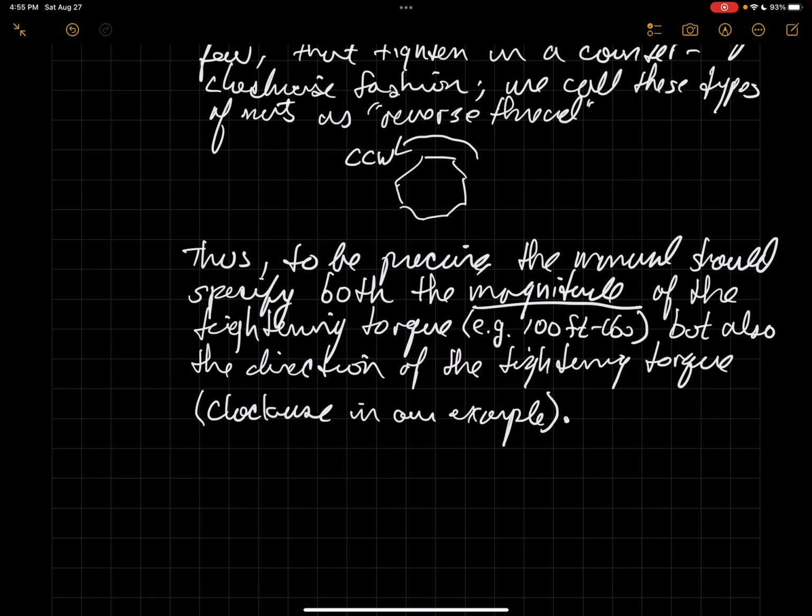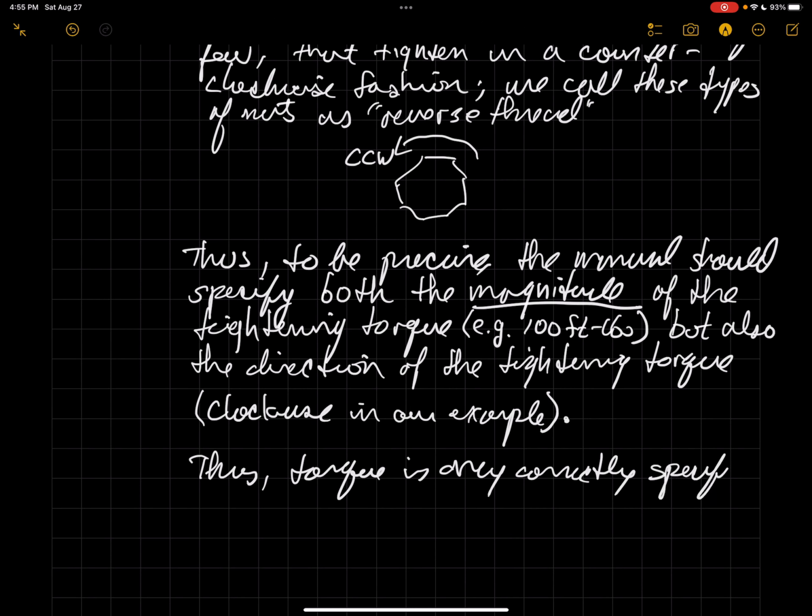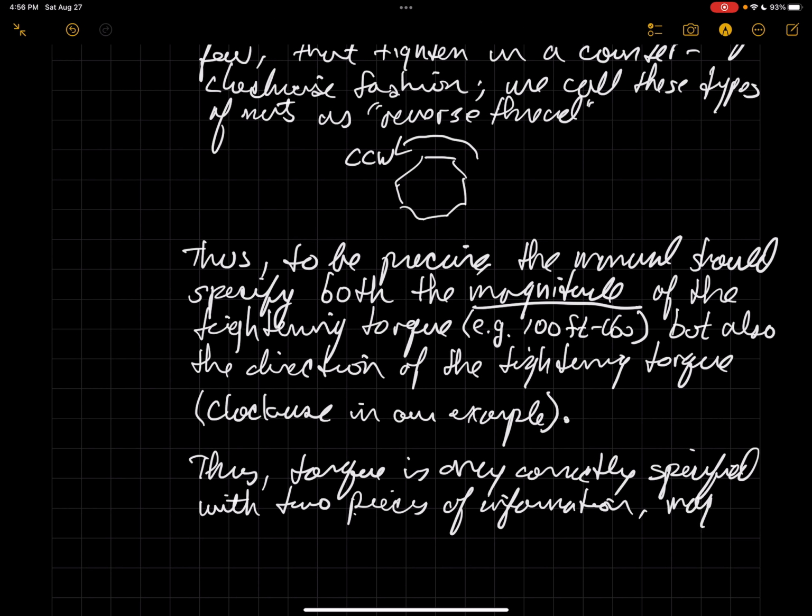So, torque is only correctly specified with two pieces of information. And generally speaking, those two pieces of information are magnitude and direction.